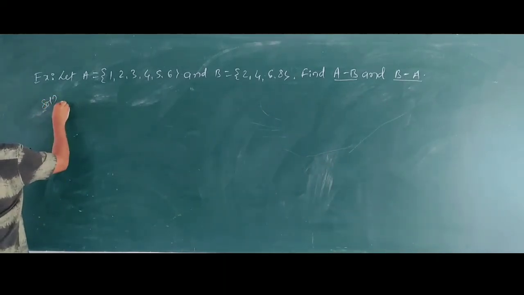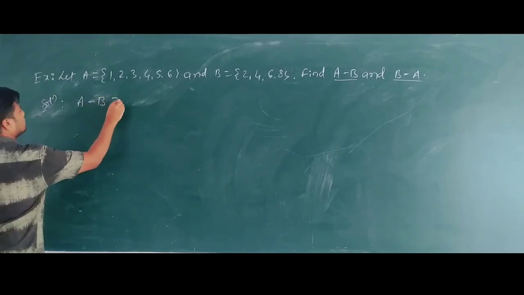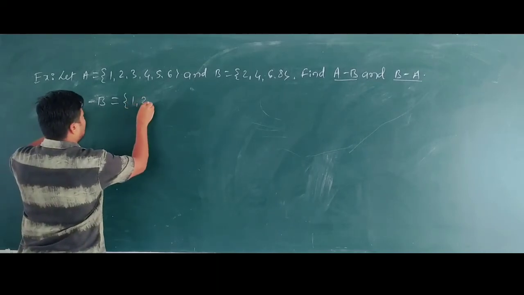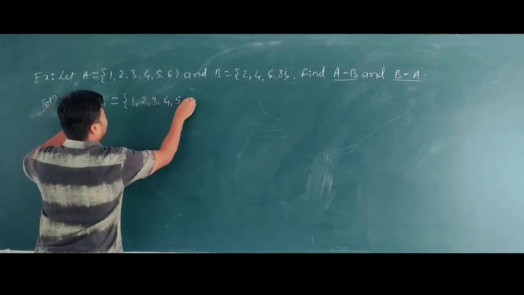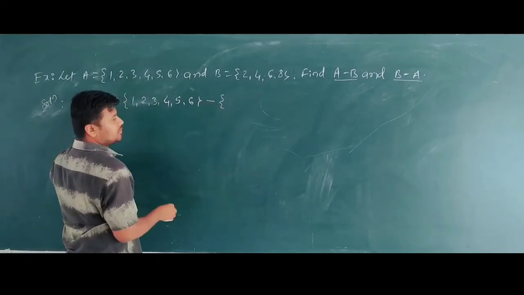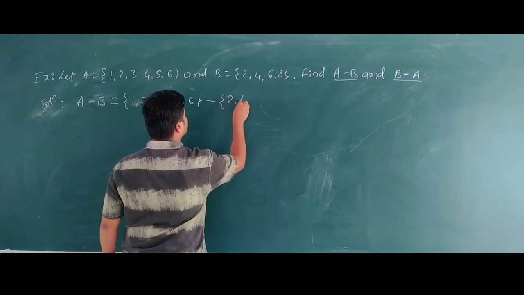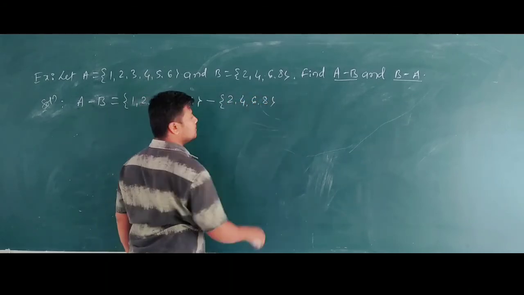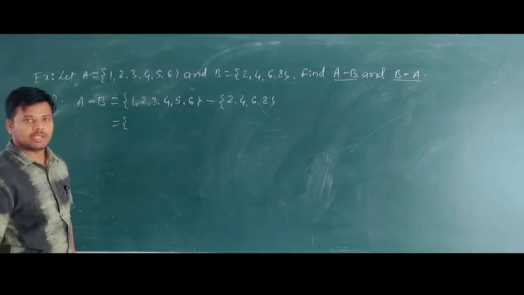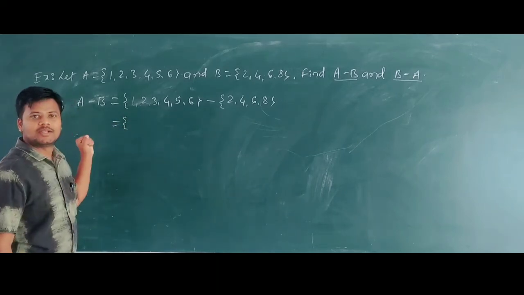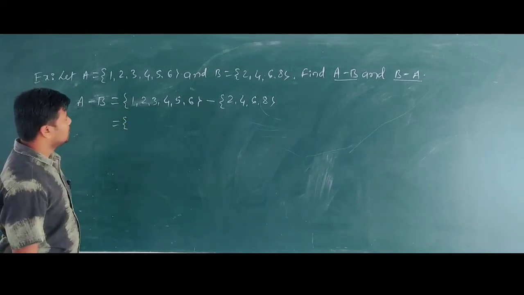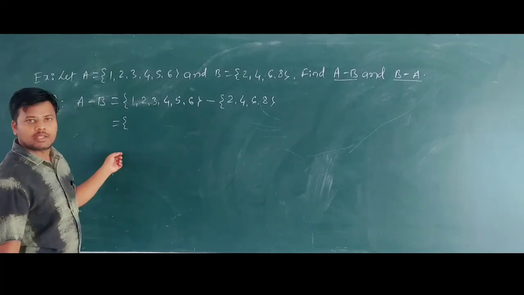Solution. A minus B. First write down set A. Set A is 1, 2, 3, 4, 5, 6. Operation is minus. Write down set B. This equals to, so write down the elements which purely belong to set A. Cancel the common terms.